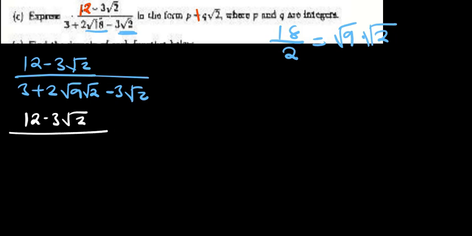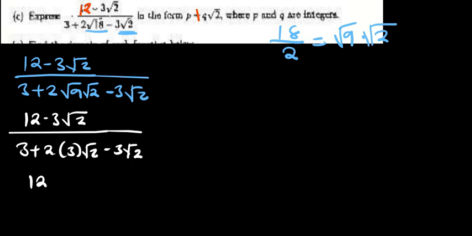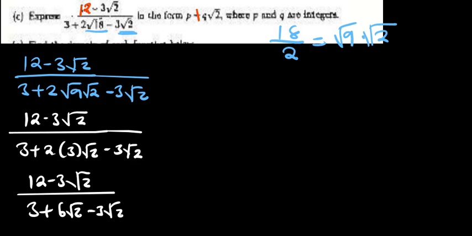Then it will be 3 plus 2 times the square root of 9, which is 3, root 2 minus 3 root 2. So we have 12 minus 3 root 2 divided by 3 plus 2 times 3, 6 root 2 minus 3 root 2. Now I can clearly see that I've got root 2 and root 2, so they can be added.